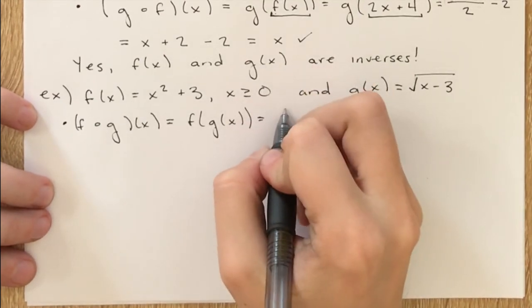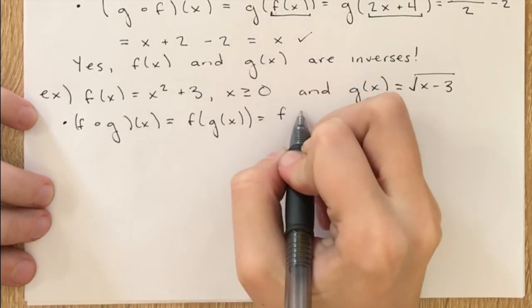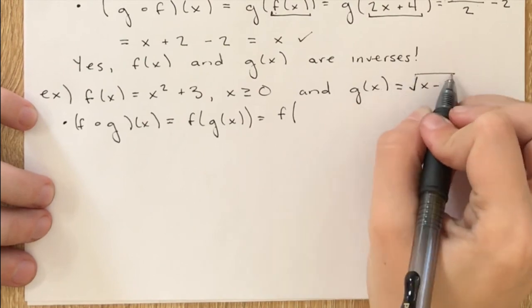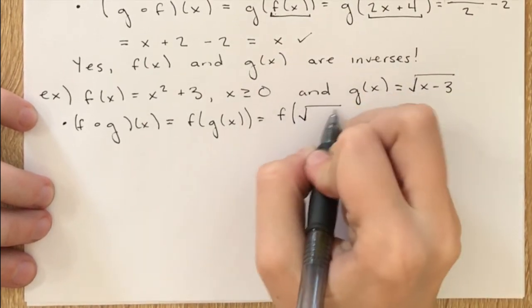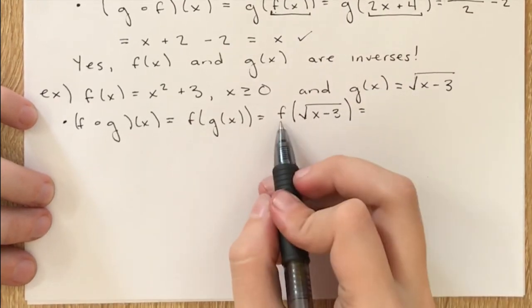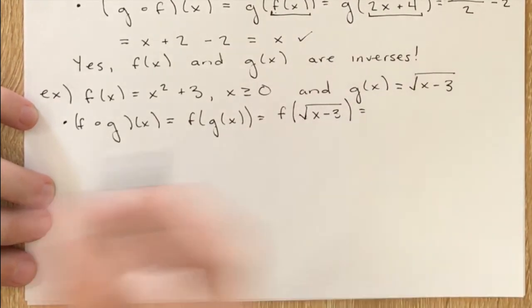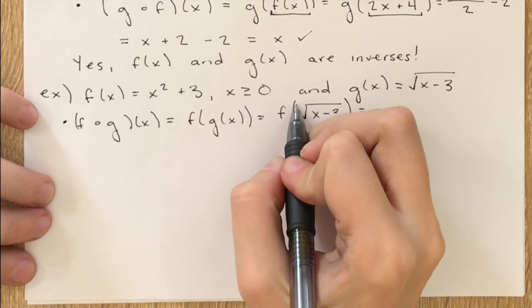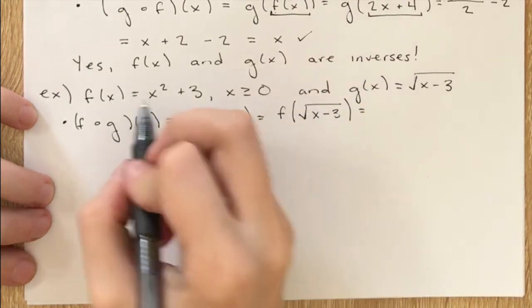So f of g of x, we have f of g of x is square root of x minus 3. Then f of square root of x minus 3 means we need to plug this in for x over here.